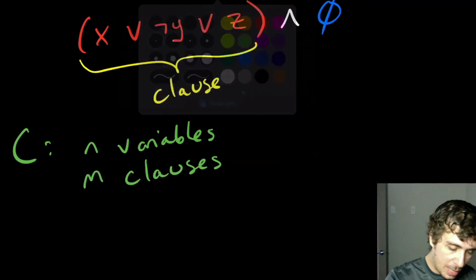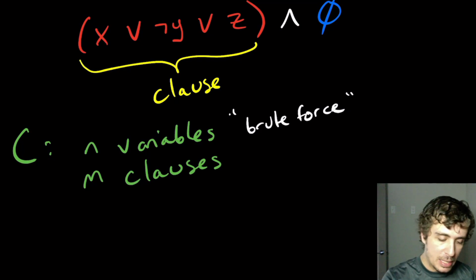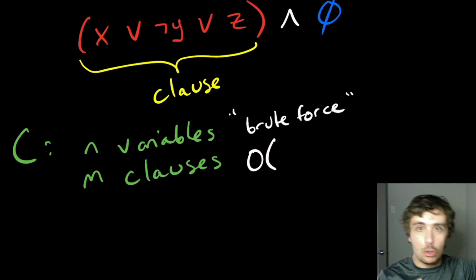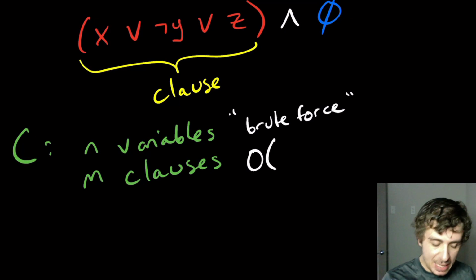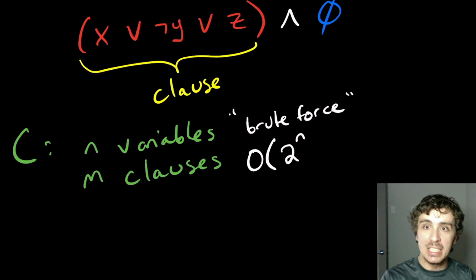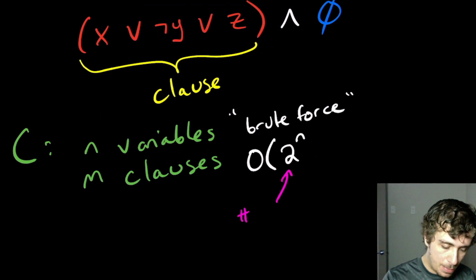So the runtime for a brute force algorithm, which is just try all possibilities, will be big O of some constant times 2 to the n, because of the constants in looking up the variable truth assignment and setting it in the formula, and that comes from the number of truth assignments.